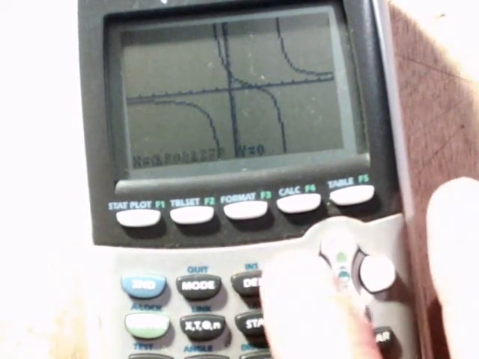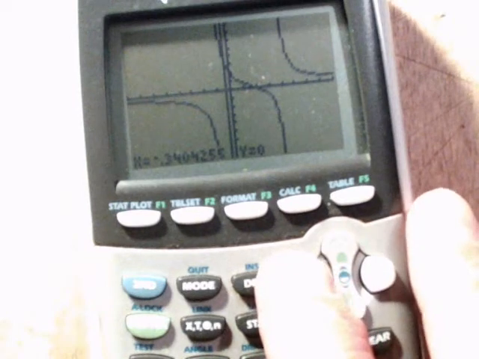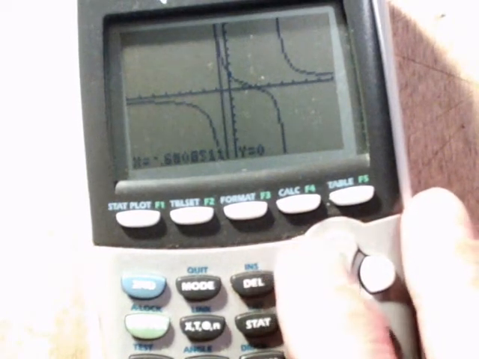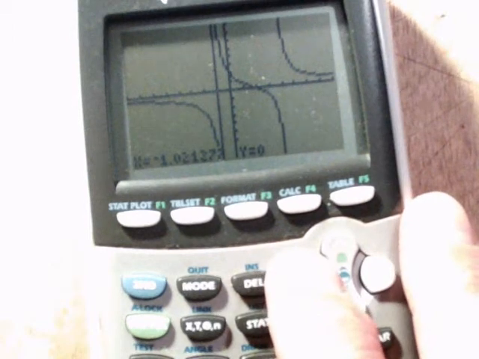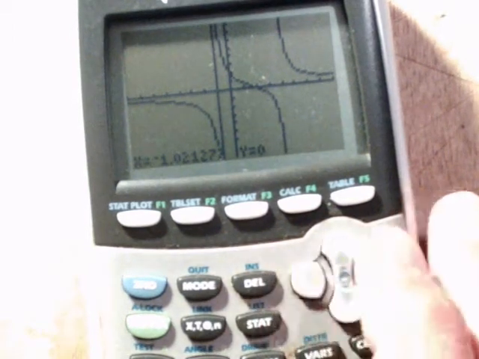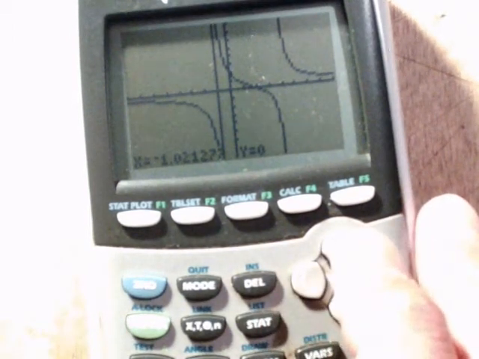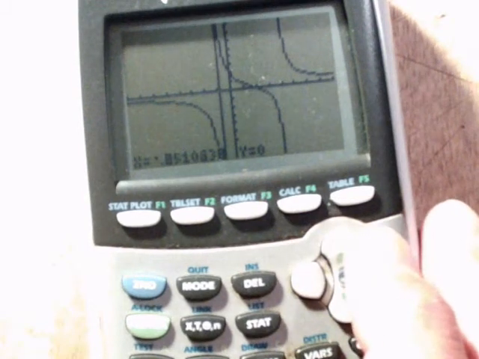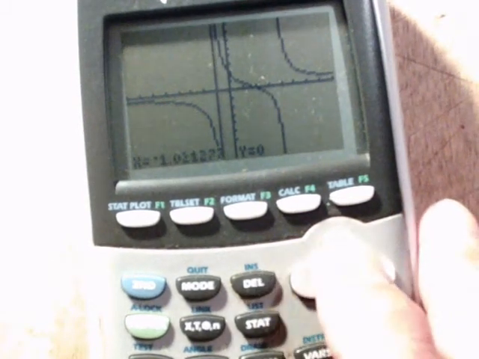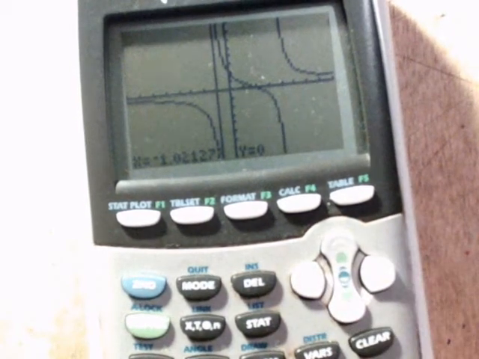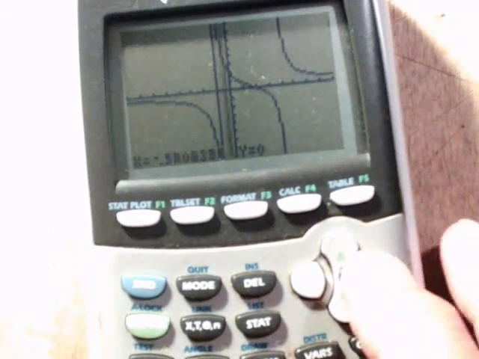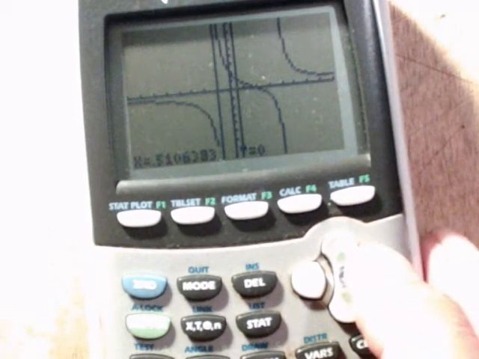I put 1 at negative 1. Look at the x value. You see negative 1, negative 1.02, 0.85. I think negative 1.02 is good. Closer to 1. So say enter. Then go to the right, and then the next one is x equal to 4.